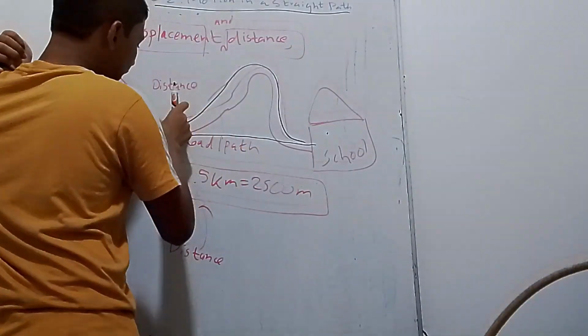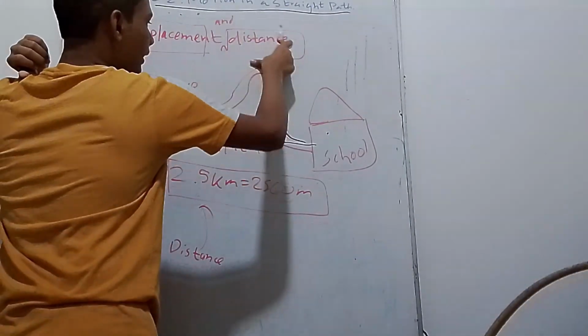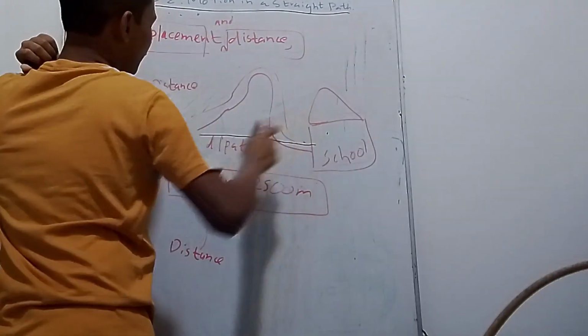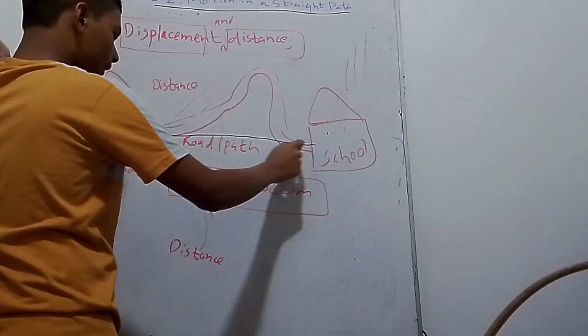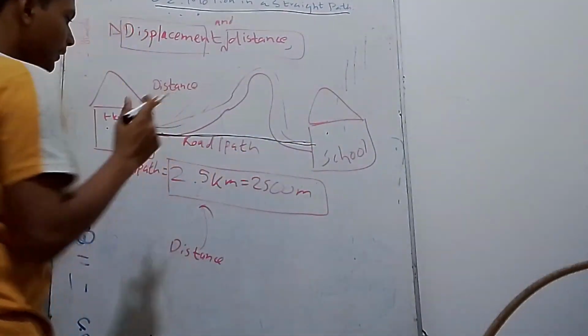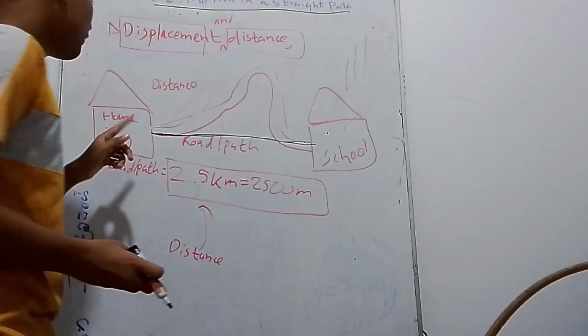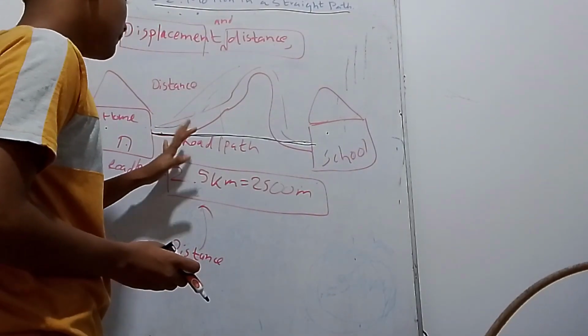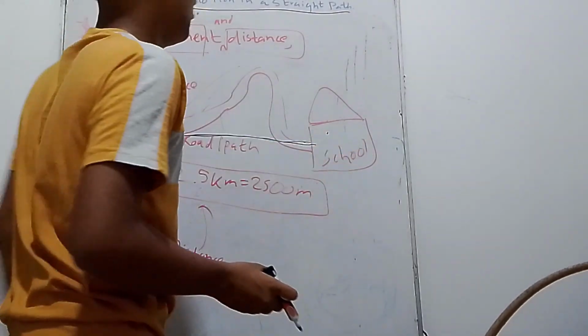As you can see here, this black colored line represents the displacement. This simply refers to the displacement between the home and the school.